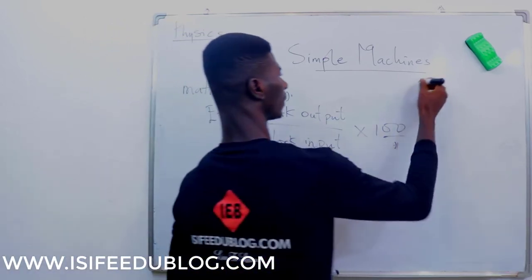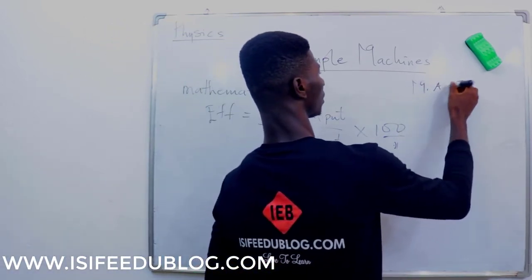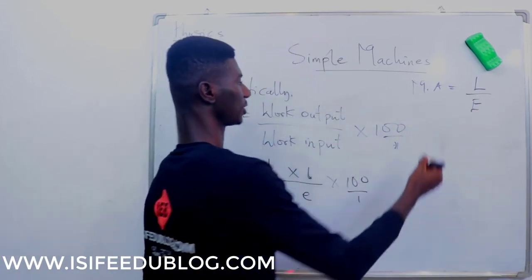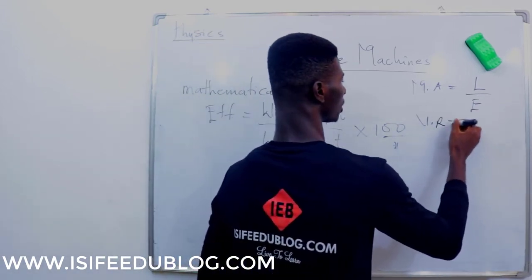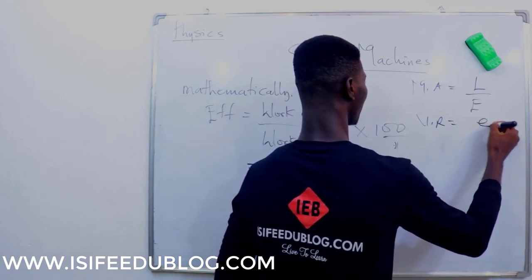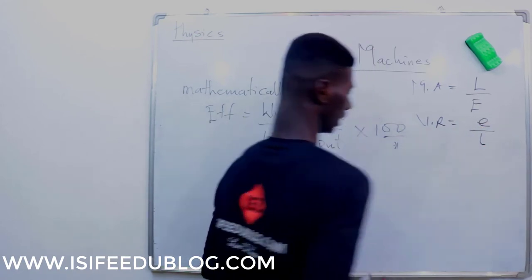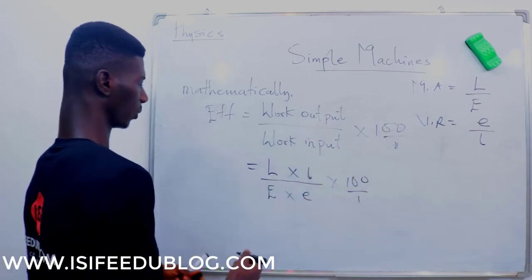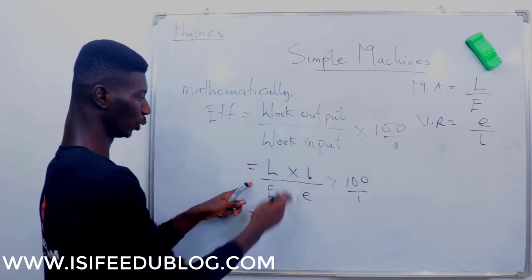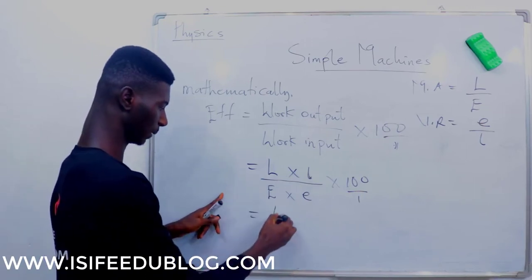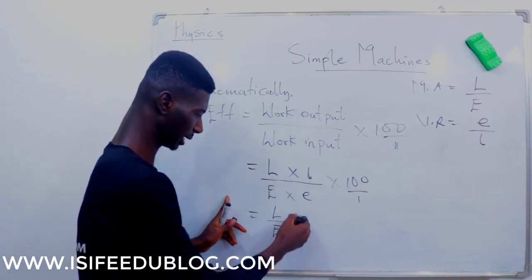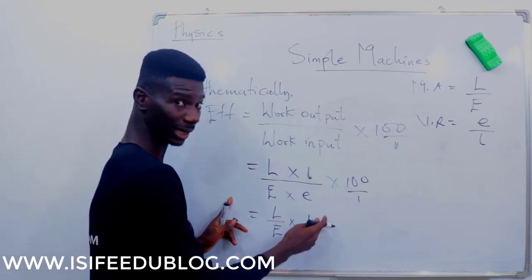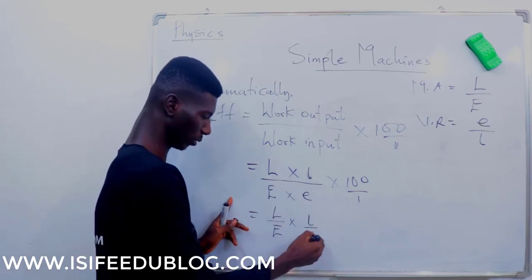Remember, mechanical advantage is equal to load over effort. Then velocity ratio is equal to distance moved by effort over distance moved by load. So let's see if we can get that here. What we have here is load over effort, as you can see, times distance moved by load over effort.